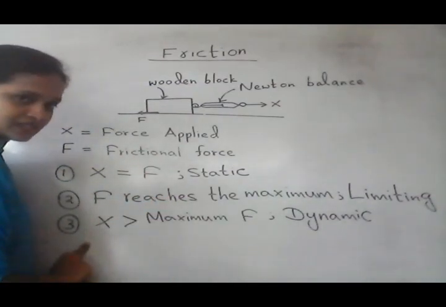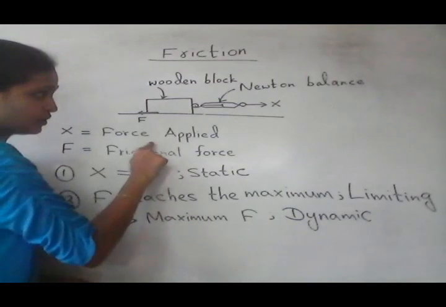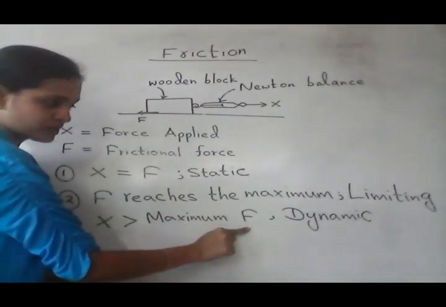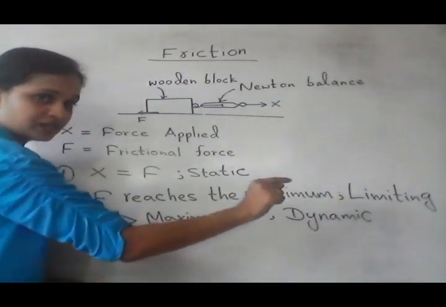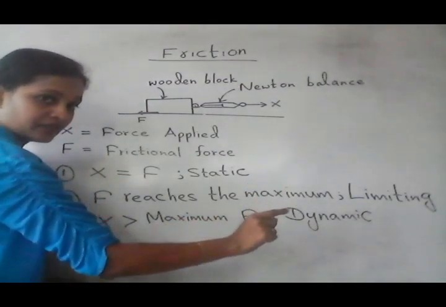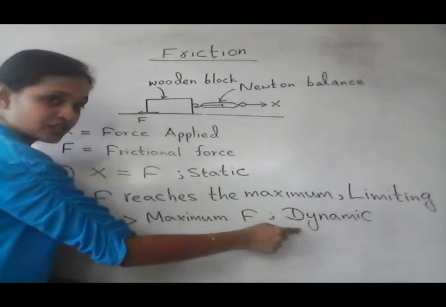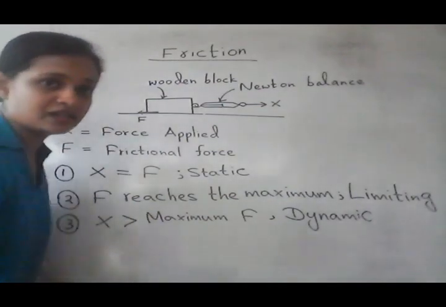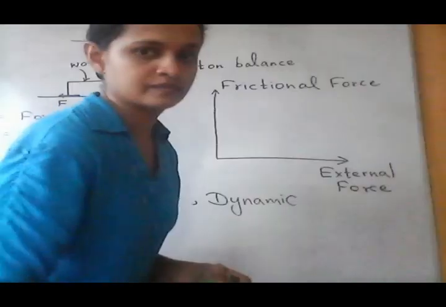In the third instance, as the force applied exceeds the maximum frictional force, the object moves continuously. When an object is moving, the frictional force applied against its motion is known as the dynamic frictional force.